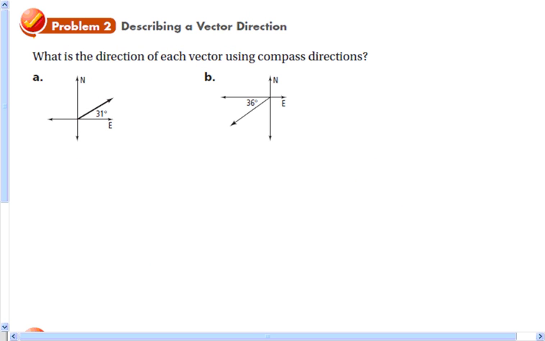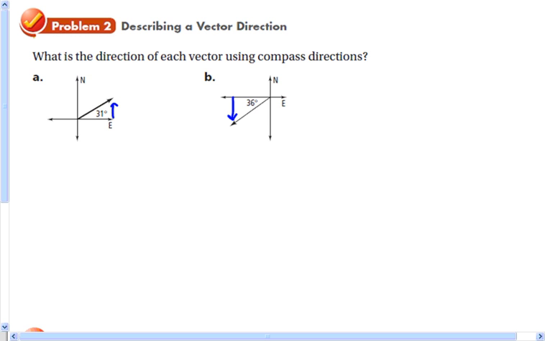All right, to describe a vector, we're talking about a direction. So to describe each of these, just look at the arrow. That angle is formed by a line going that way, and this one a line going this way. So the way we're going to describe it is, look at the way the arrow is pointed.